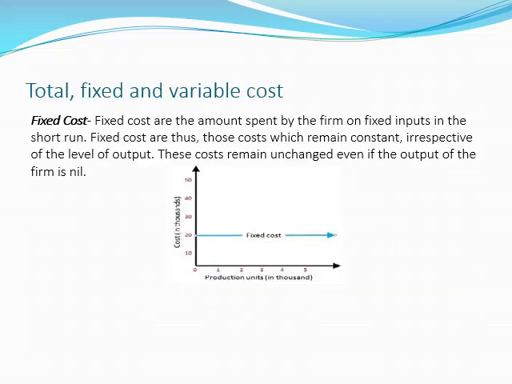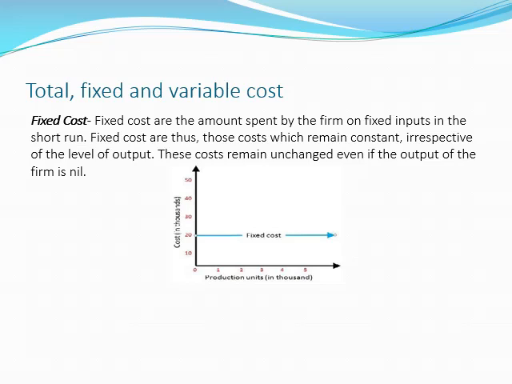Total, fixed and variable cost. Fixed costs are the amount spent by the firm on fixed inputs in the short run. Fixed costs are the cost of fixed factors of production and variable factors of production.